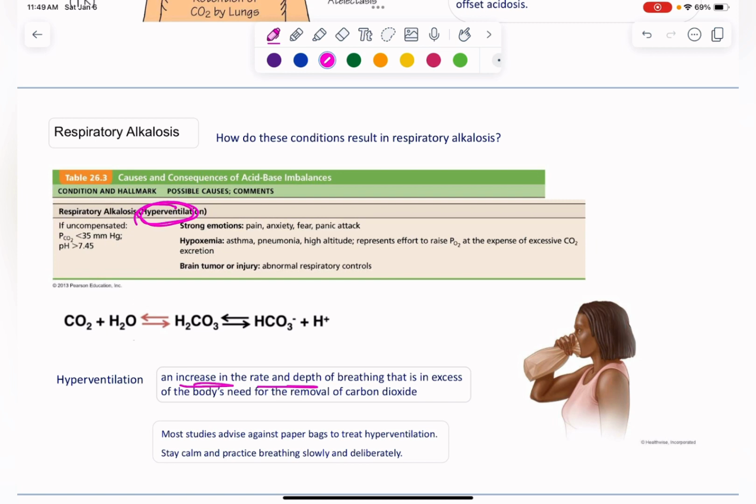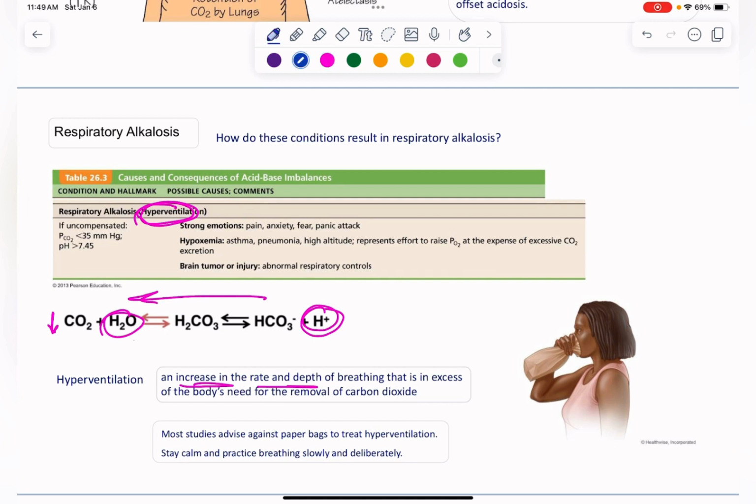In this case, you're exhaling too much CO2, so the levels of CO2 in the body go down, which causes the equation to shift to the left, and so too much free hydrogen is being bound up in water. That's going to cause the fluids of the body to become basic.